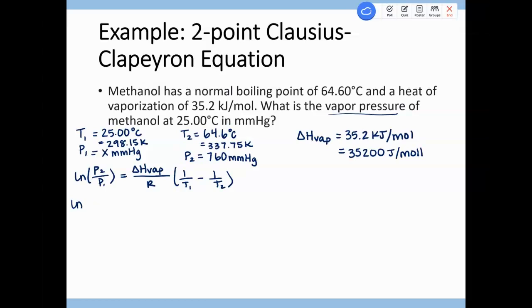So natural log of P2, we have P2, 760. I'm going to leave units out because this is a long equation. But we have natural log of 760 minus natural log of P1, and that's what we're looking for. So we'll use x for that.